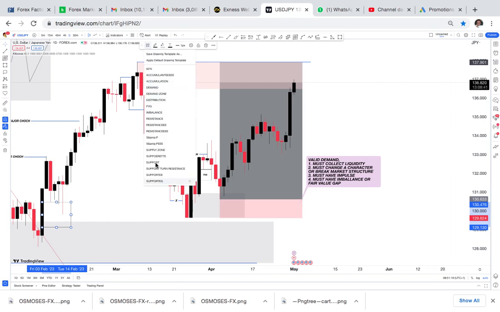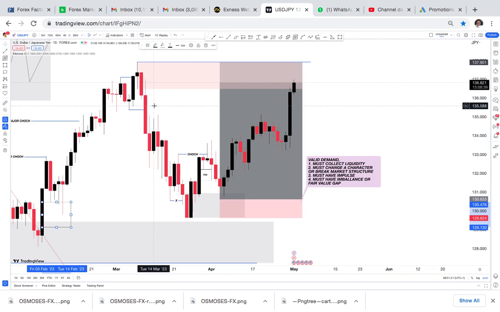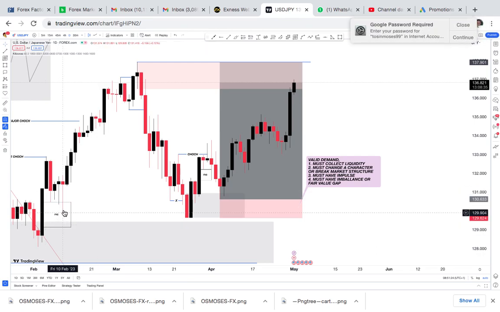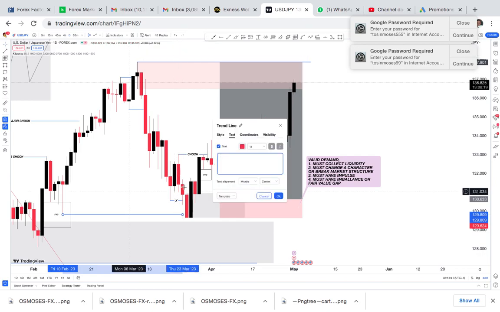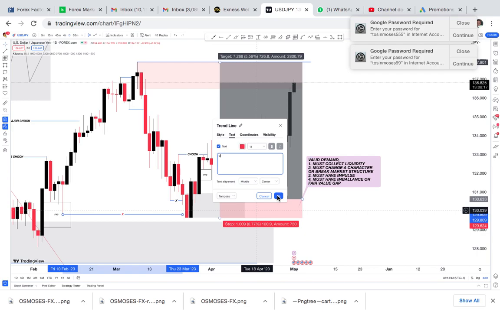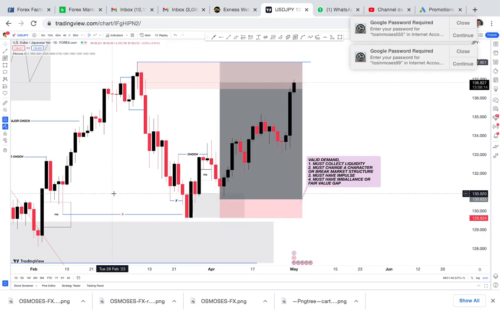Okay, so I have a fair value gap that was mitigated. This candle already broke the first fair value gap, so this candle also was taken as liquidity. So we have plenty of liquidity taken here. Sorry about the multicolor in my chart. It happens sometimes, but I'll clean everything up.